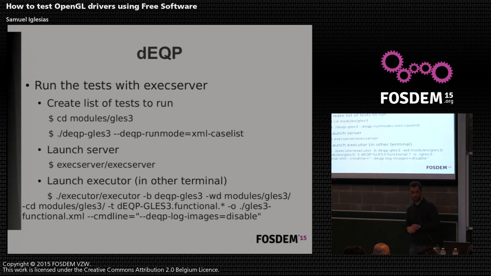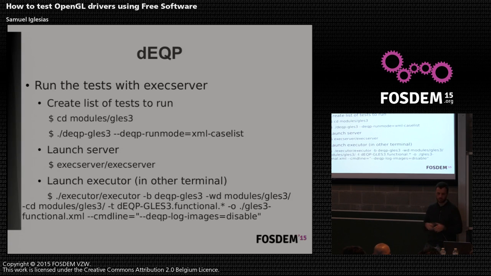The next step is you provide the case list directory, or where the file is that we created in the first step. And then you specify which kind of tests you want to run, for example here all the functional OpenGL ES 3.0 tests. Of course, you can use the star to specify all of the tests included in that category.